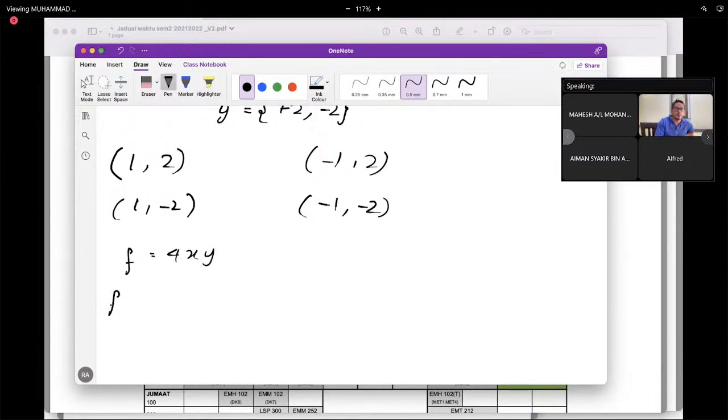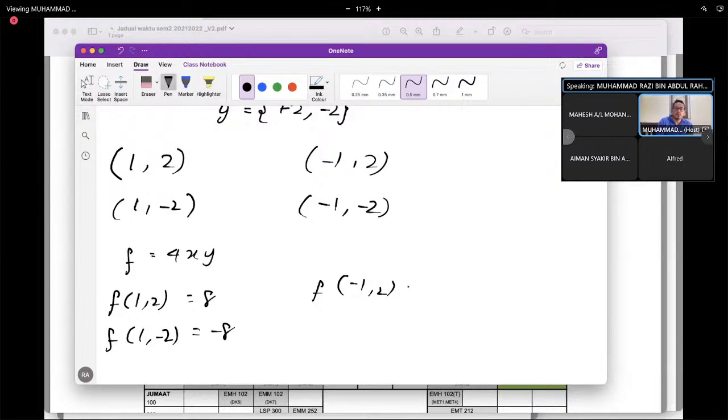So f(1, 2) you get 8, correct? f(1, -2) you get -8, and then f(-1, 2) you have -8, and then f(-1, -2) you have -8. Sorry, that's +8.